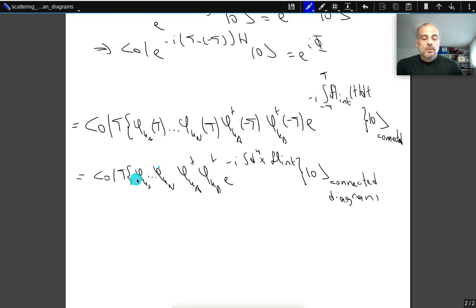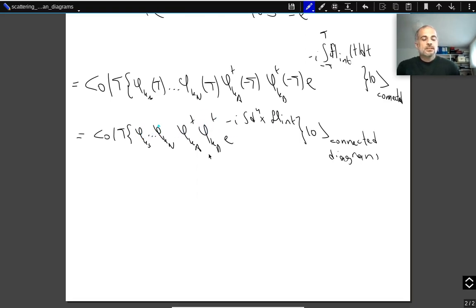So, but since this is a time ordered product, we already know how to calculate the time ordered product of operators in free theory. We can use the Wick theorem. The only ingredient that we are missing is the contractions of phi and phi dagger with the other fields. So let's calculate them.